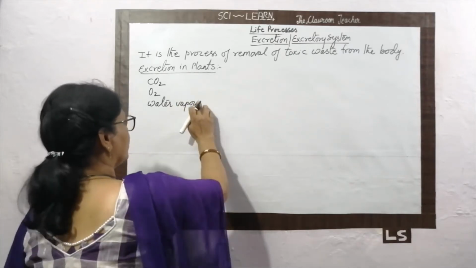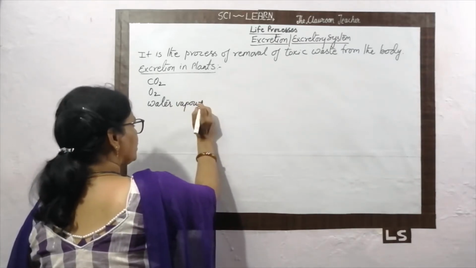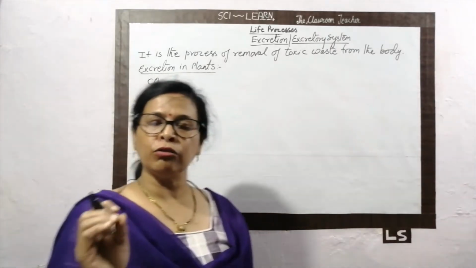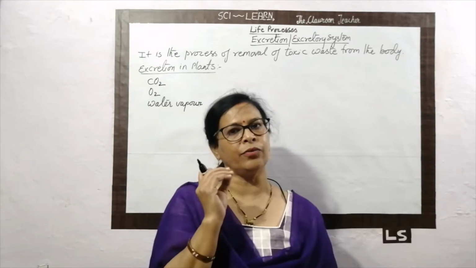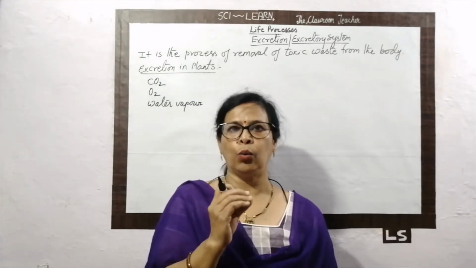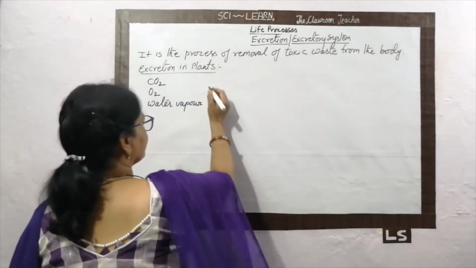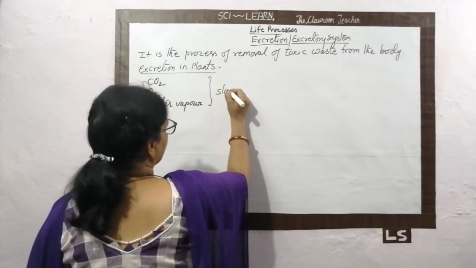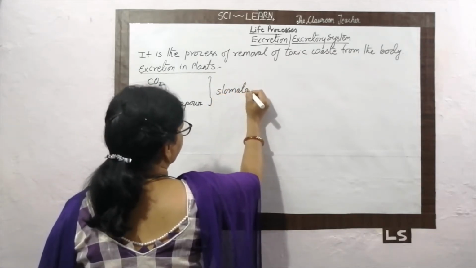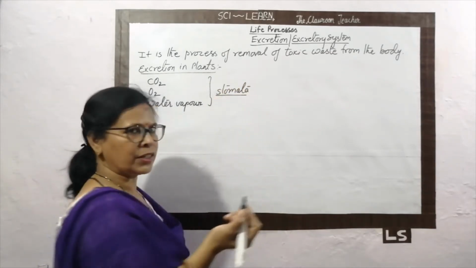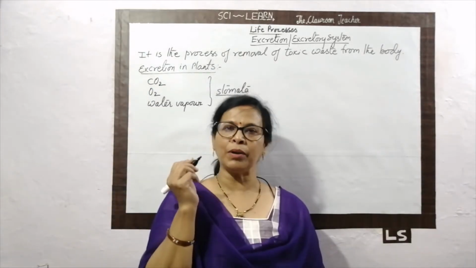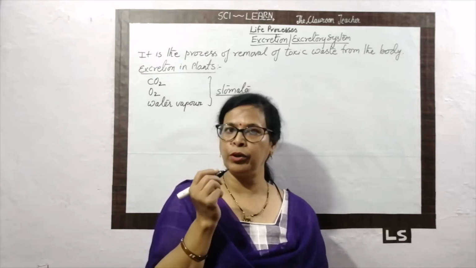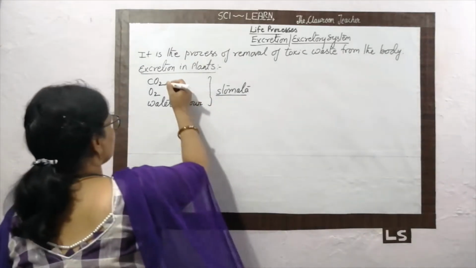Plants do not need any particular system or organ system to release all this waste. As we know, the function performed by the stomata is closing and opening, and because of the opening of the stomata, the exchange of gases takes place.